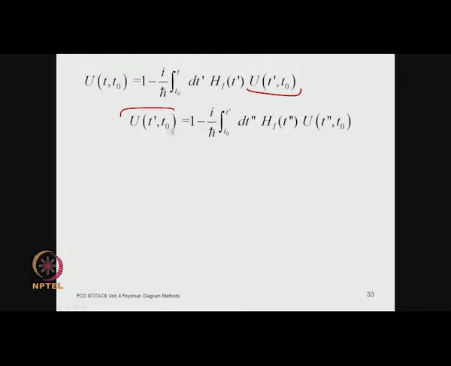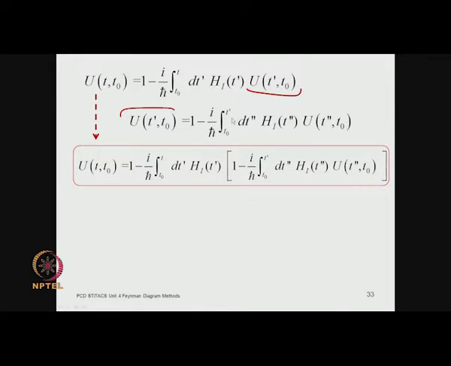So, now you have U(t', t0) equal to 1 minus i over h cross integral t0 to t', and if you now put this, the second equation, in the first, then the left hand side, which is U(t, t0), is now given by 1 minus i over h cross, and now you have these terms. So, you have dt prime H(t') and in place of this you can write this.